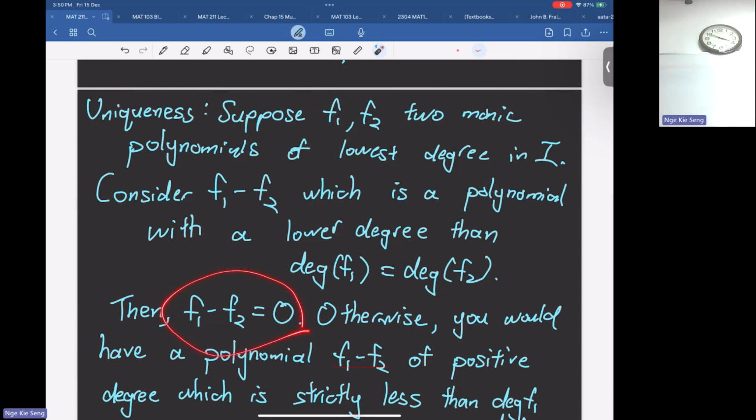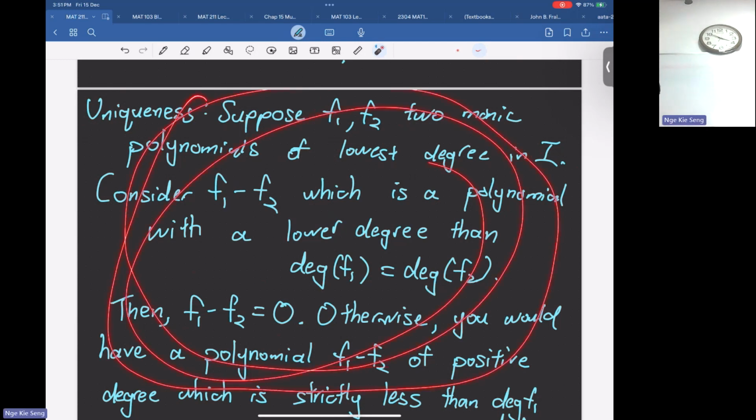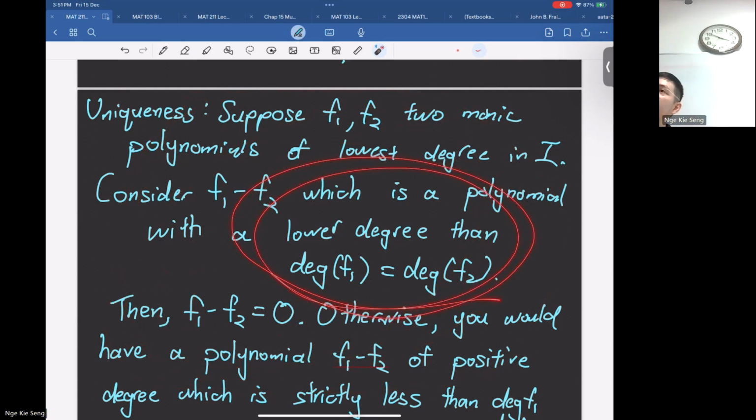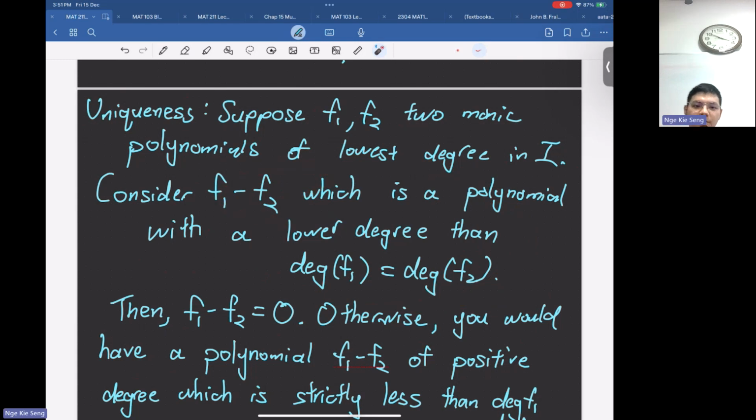Once I got F1 minus F2 equals 0, that means F1 equals F2. So every uniqueness proof you do like this. I take two things with the same property, and then I show that they are equal. That's all. You see, I didn't incur any other extra condition here other than the minimality, or taking the difference.